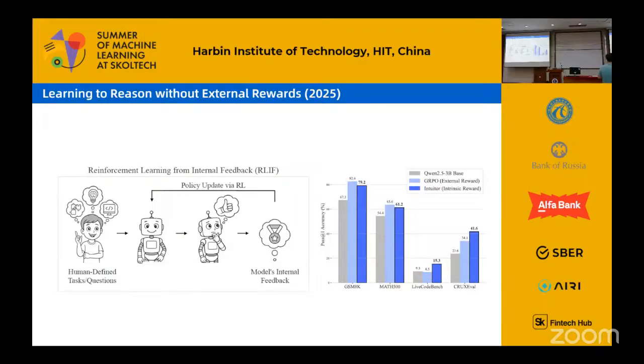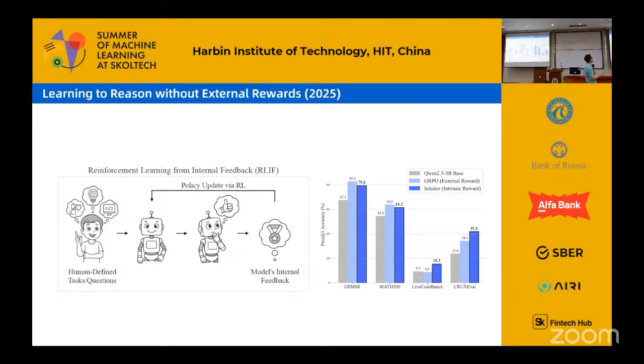Now this other method also tries to work without external reward, using the model's internal reward or internal state. If it can output some response or action with large probability, it will further reinforce the probability of that action. It's somewhat like the rich get richer: actions with larger probability get even larger probability, and actions with small probability get even smaller probability.